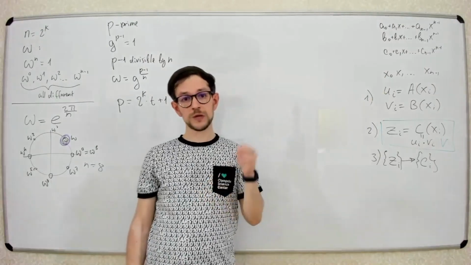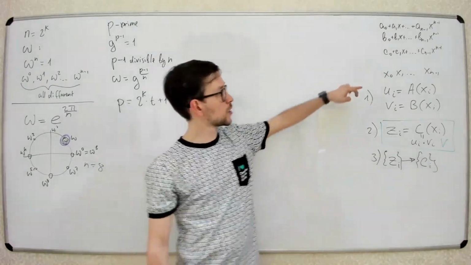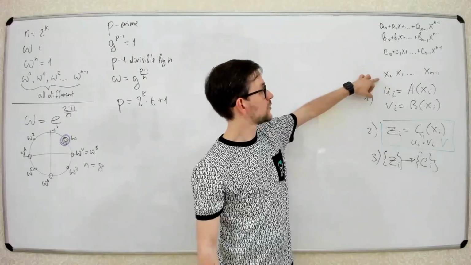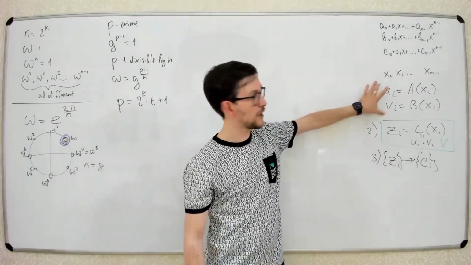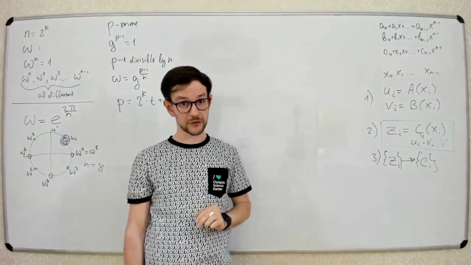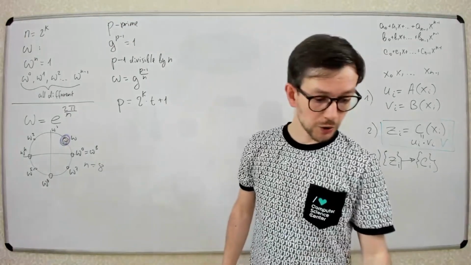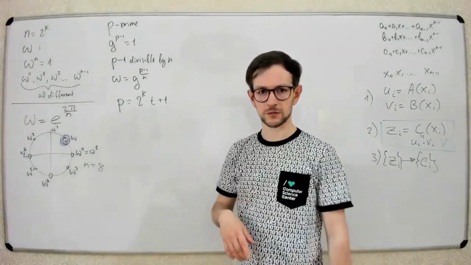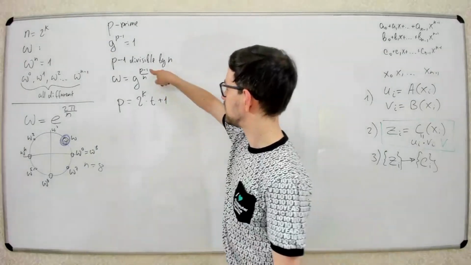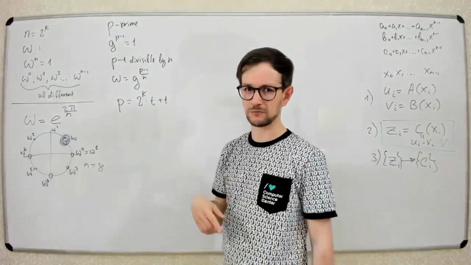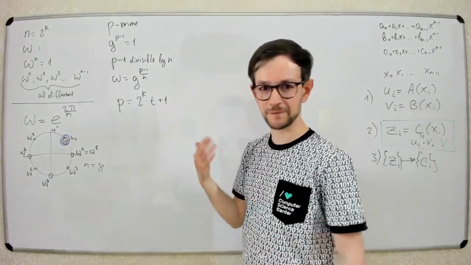So the idea is just to pick good numbers x, good coordinates such that for them we can calculate these polynomials efficiently. The variable c is just some number, it doesn't matter. It's just p minus 1 divided by n, some integer.